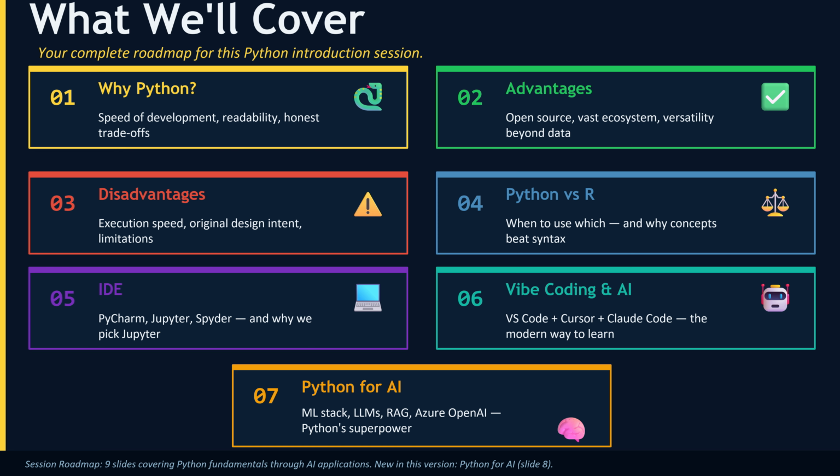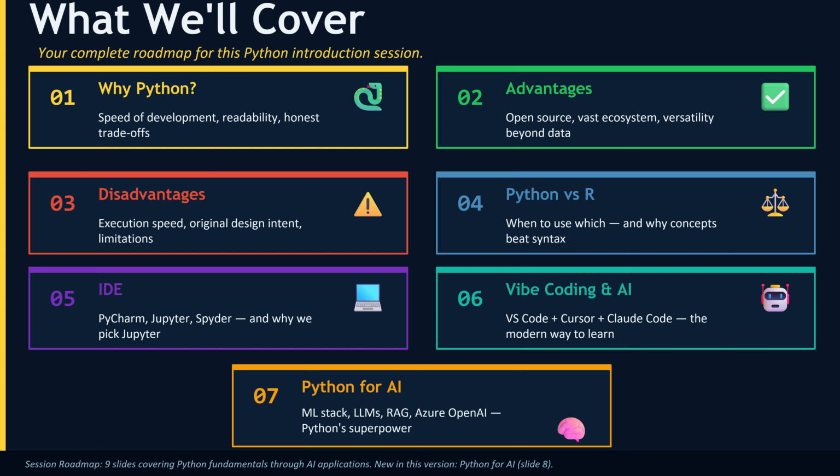Topic 7, Python for AI. This is where we connect Python directly to the AI, machine learning, and generative AI work we will be doing throughout this series.